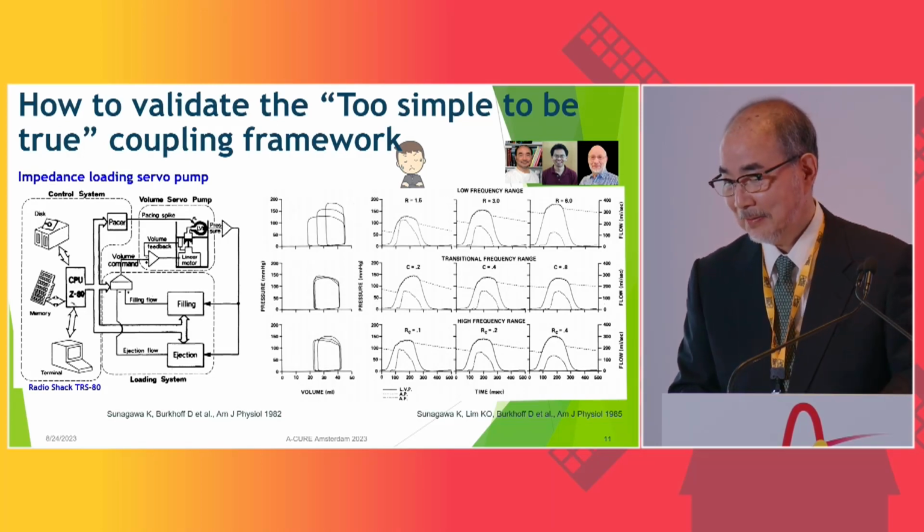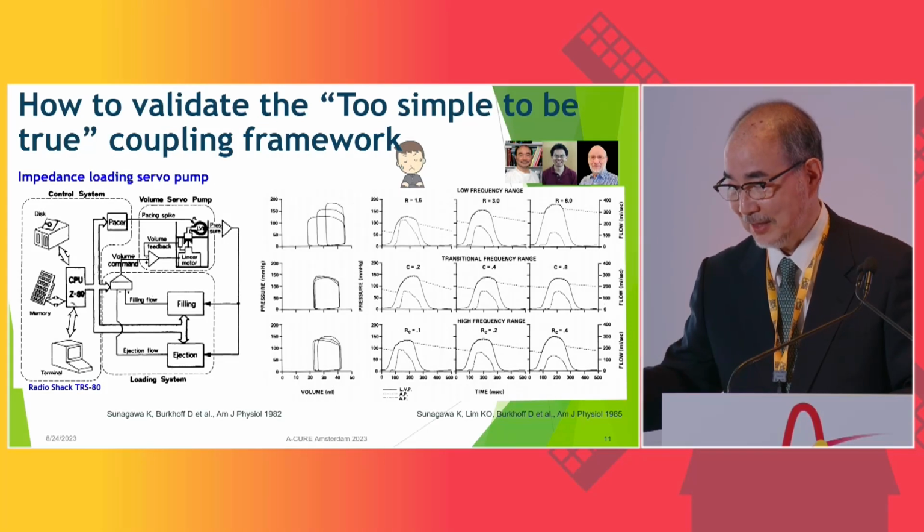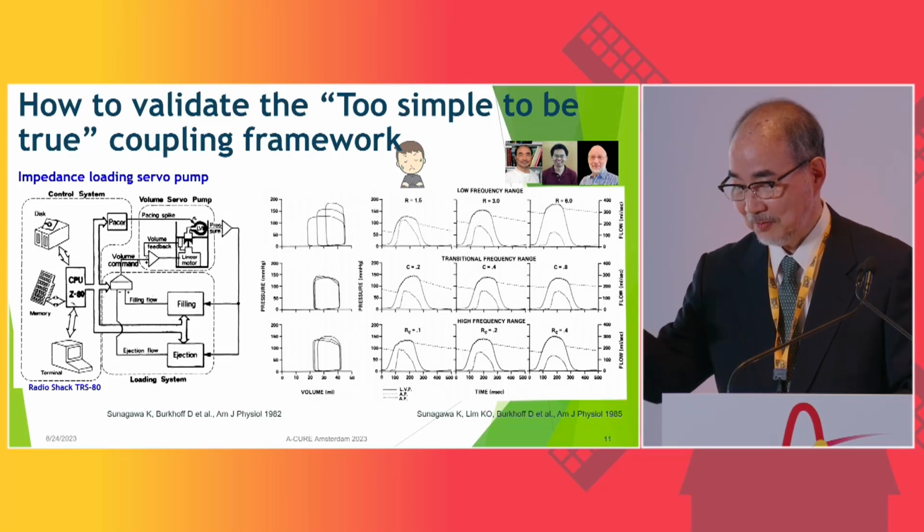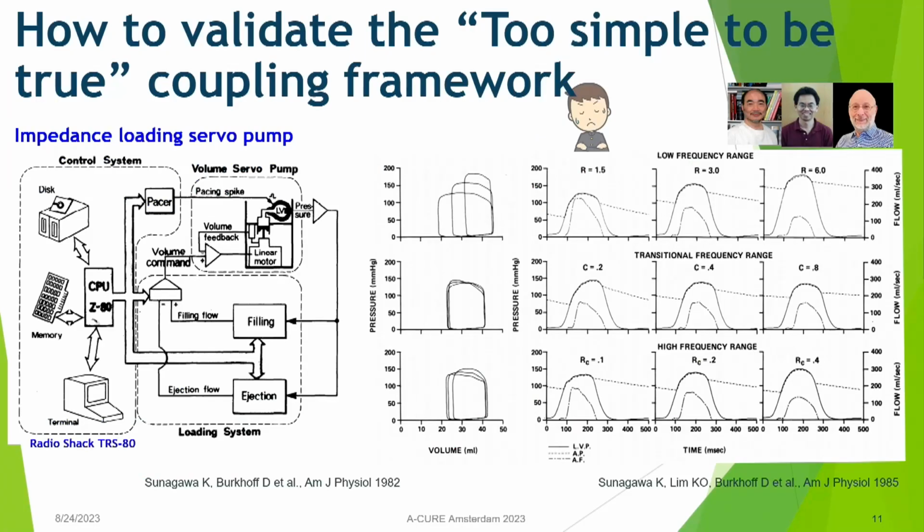I don't think I have time to explain each one of them, so just look at the pressure volume loops. If you look at the top panel, there are 3 loops. I change the resistance by 400%. The largest loop has the lowest resistance. If we increase resistance by 4 times, then pressure gets higher and stroke volume gets smaller. So that makes sense.